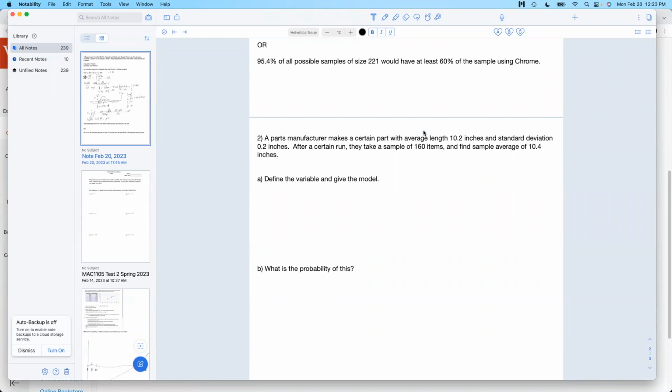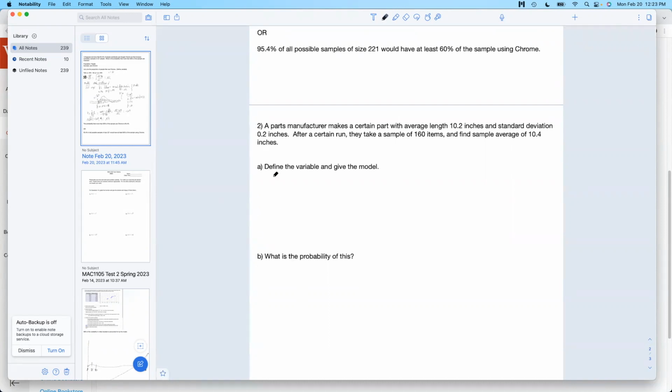They have mu's and X bars. So let mu, that's my first step, define my variable. It's a required step. A whole lot of people lose a point here. Let mu be the mean length of this part.